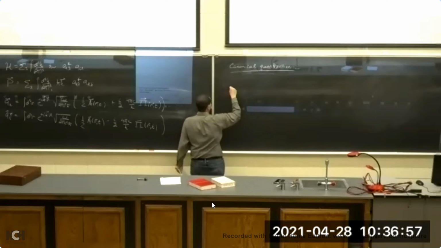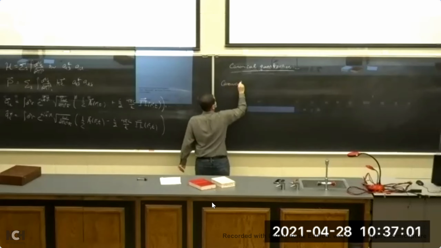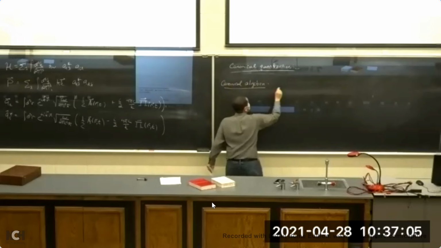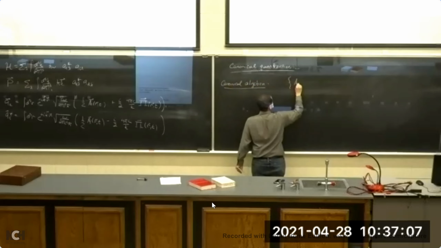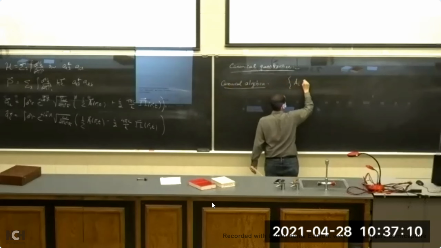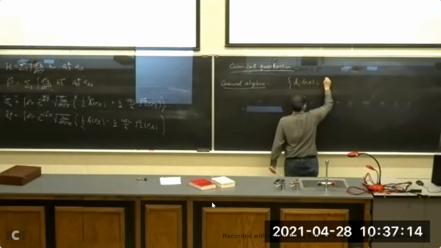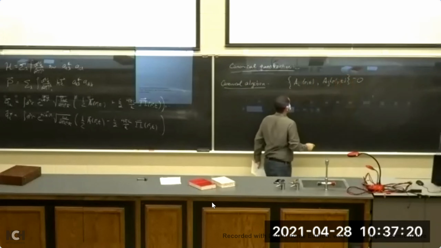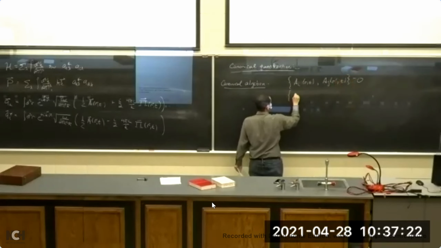So we started off with the canonical algebra of the field and its own momentum. We had a Poisson bracket of component A_i of position r and t with component A_j of some other position r prime and t was equal to 0. A with A is always 0.